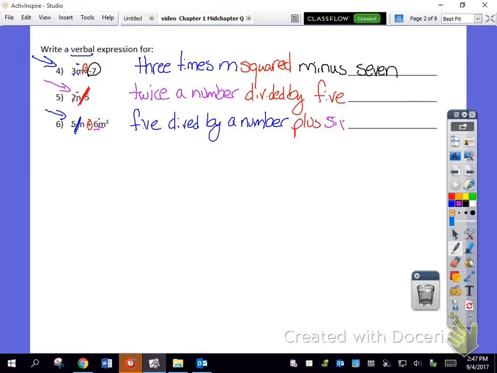So 6 times m. Okay, since I've already used a number, I'm going to use m this time. And the other thing that's on here that's different is that you have this exponent 3, and so you say cubed.